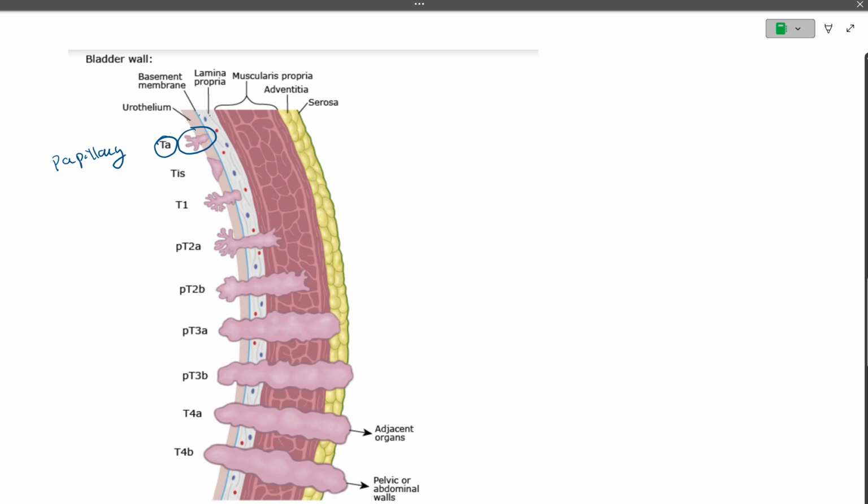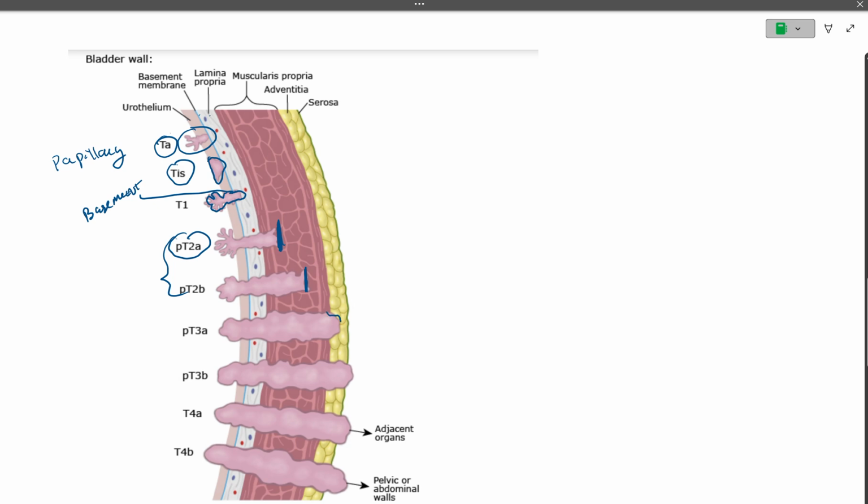Tis is carcinoma in situ. T1 is tumor which penetrates into the lamina propria or breaks through the basement membrane. T2a and T2b are muscle invasive bladder cancer. T2a is superficial muscle invasive, and T2b is deep muscle invasive.